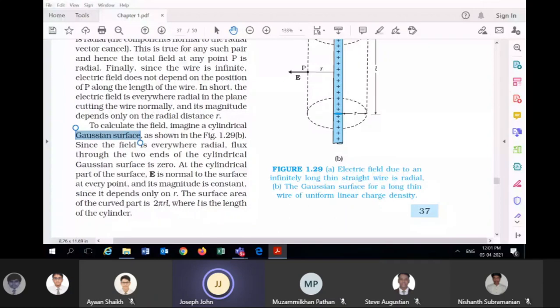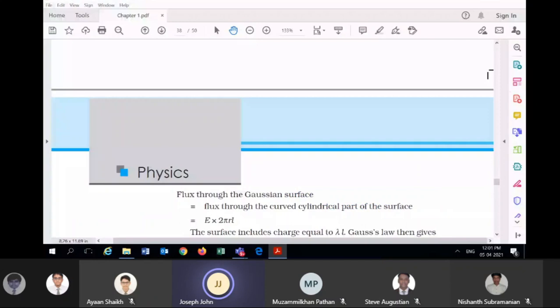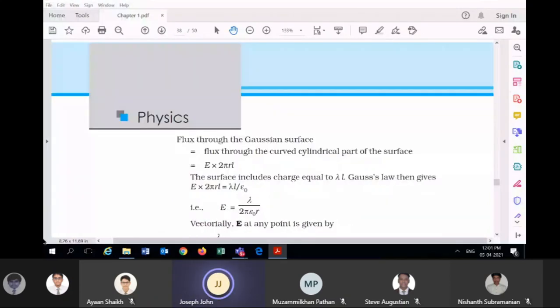Flux through the curved cylindrical part of the surface. Let's see that, I will underline, I will highlight it.